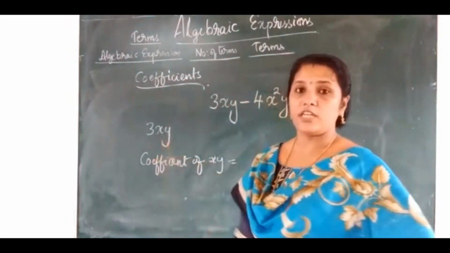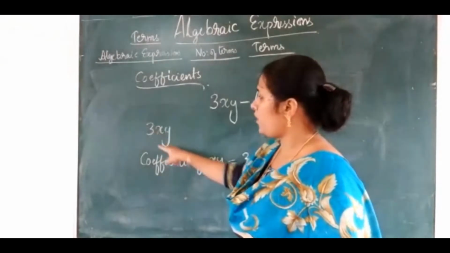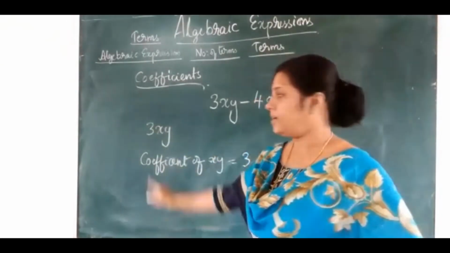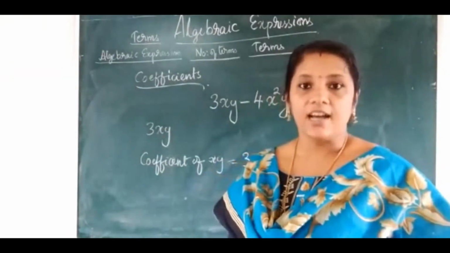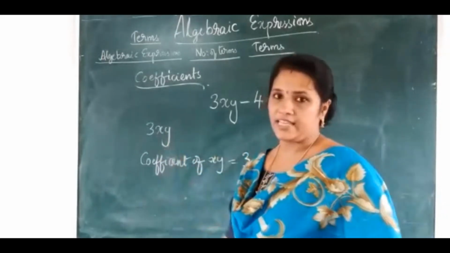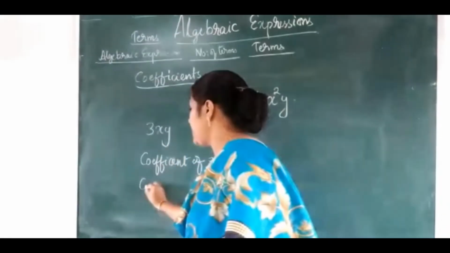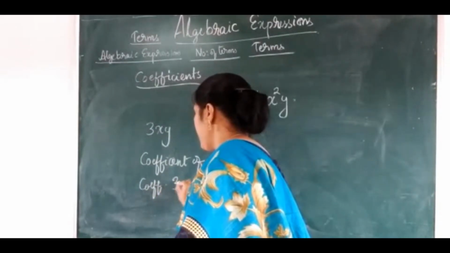Here the coefficient of xy is 3. We just avoid the term xy from here. The left is 3. So 3 is the coefficient of xy in the term 3xy. Say, what is the coefficient of 3y?